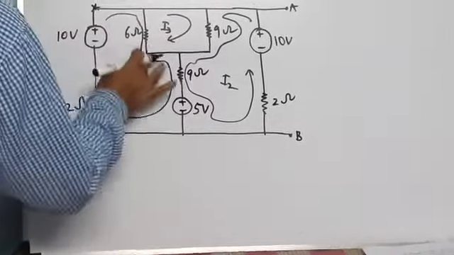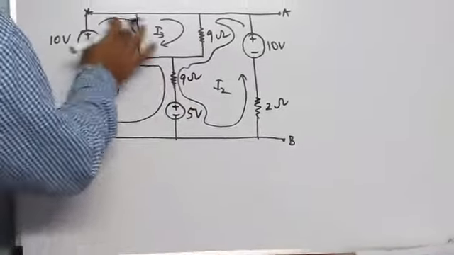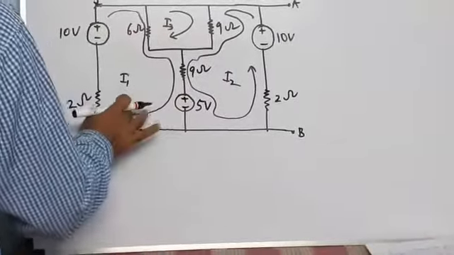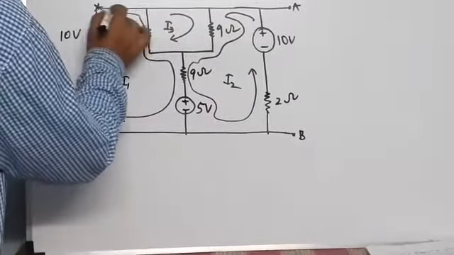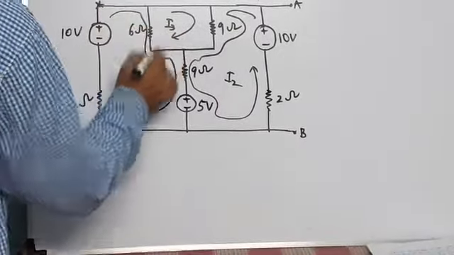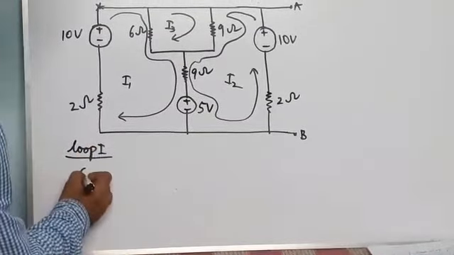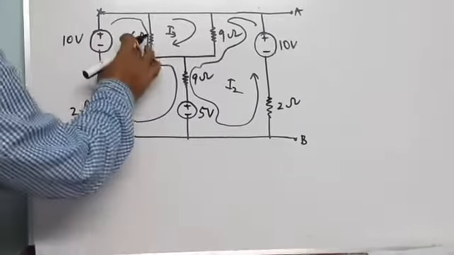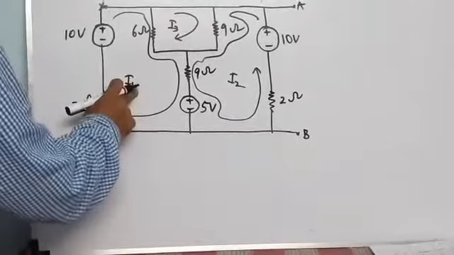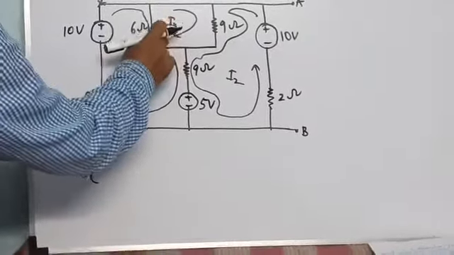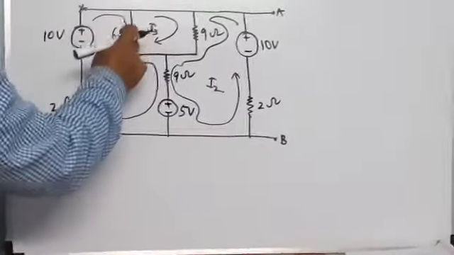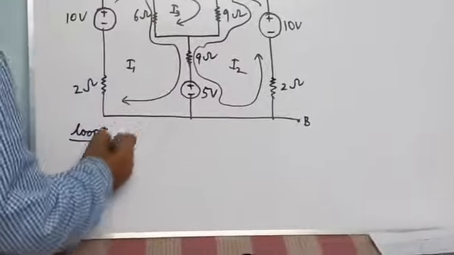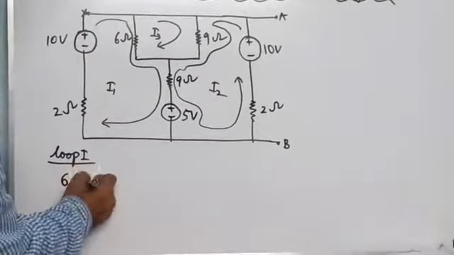That means the direction of current flow, the arrow mark, and my direction are the same. So here no resistance, here only resistance. That means 6 into, because I1 current is first considered, I3 is going up in the opposite direction, so we take I1 minus I3.